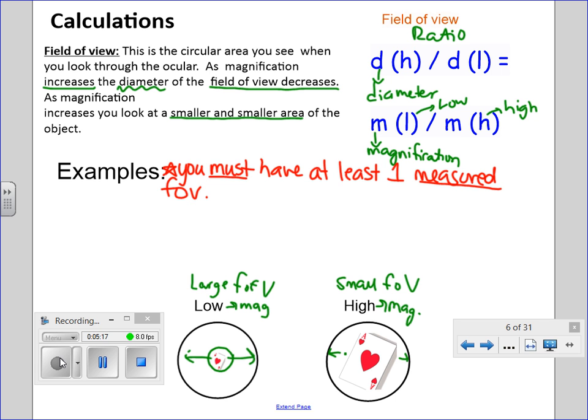You can't calculate all of the fields of view. You have to measure at least one of them so that you have a reference. Typically, what would happen, and this is what you'll do when we go to the lab on Monday, is that you will measure the field of view on low power. The reason for that is that you can see the biggest amount of space on low power. So with a conventional tool like a ruler, you could actually measure the amount of space that you're looking at.